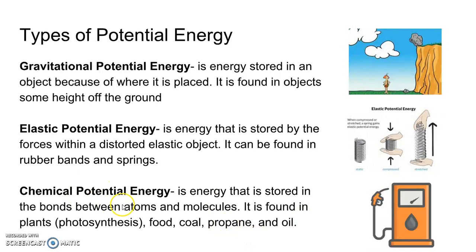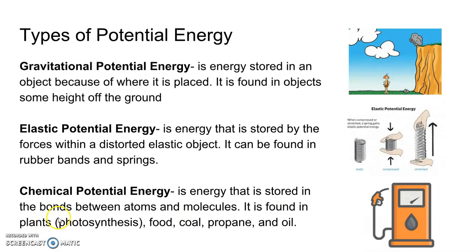And our last one here, which is the one that we haven't really gone over yet, was chemical potential energy. And that's energy that is stored in the bonds between atoms and molecules. And that's found in plants, as well as food, coal, propane, and oil. So really the biggest thing is chemical energy is things that are stored, and they have energy that can be used.